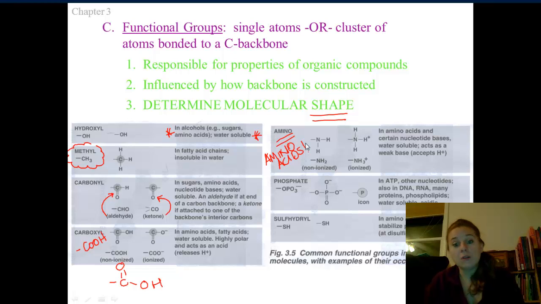They're also important for ATP, and they're a big deal with DNA. They make things polar because they provide electronegativity. Then you have a sulfhydryl group, sulfur with hydrogen, and that one's going to be important in amino acids. It's where the sulfur really comes into play as an element in our proteins.